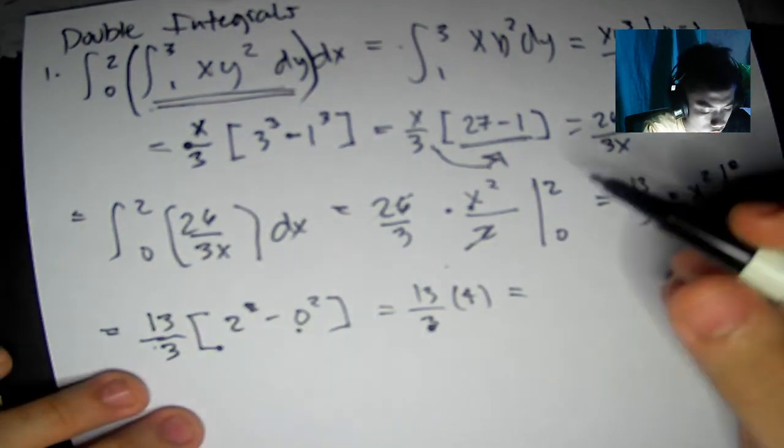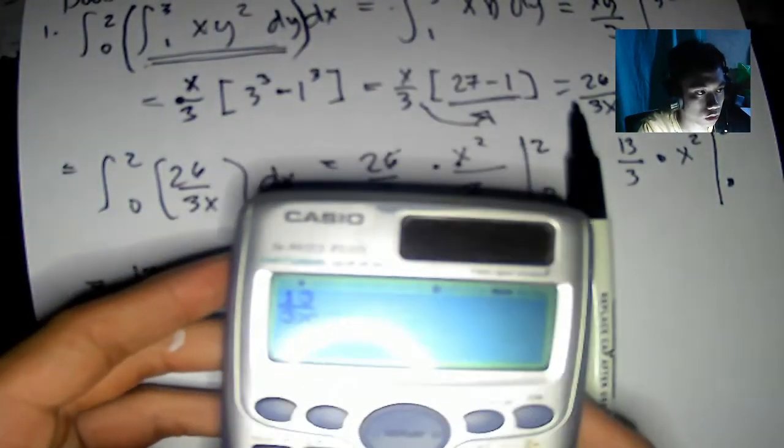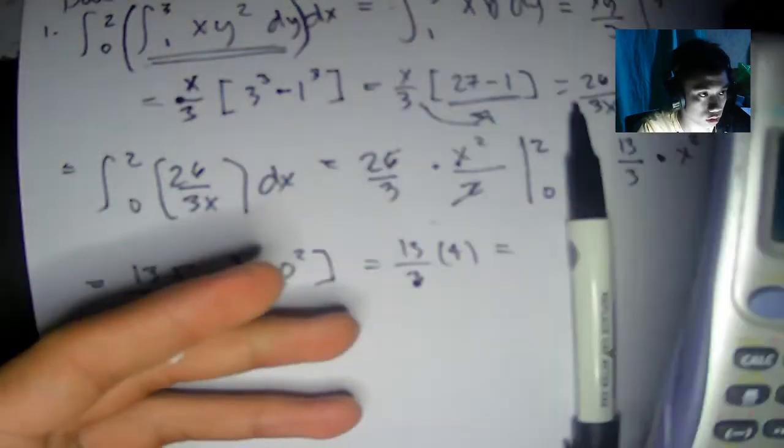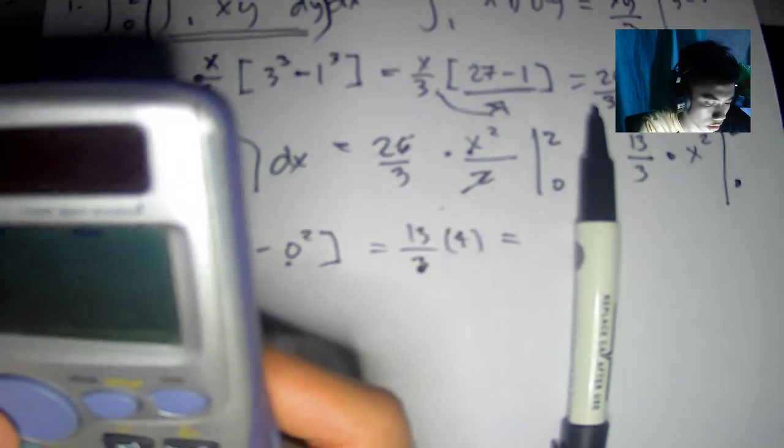Get your calculator to simplify. I'm sorry, I wrote 3x times 4.